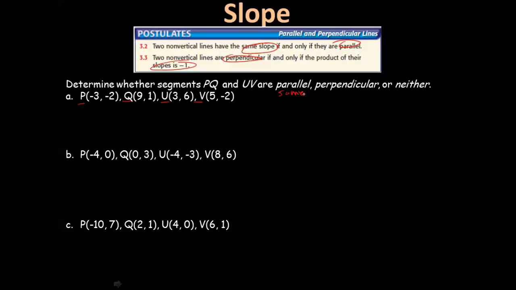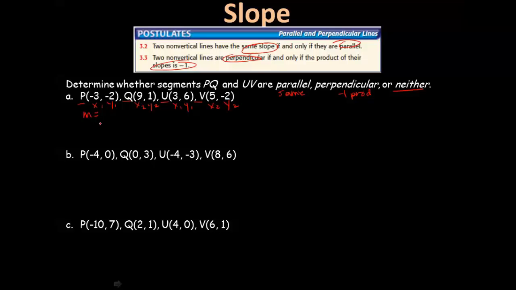So these are same. Perpendicular is going to have the product of -1, and then neither is just neither. So on this first one, remember I always go through and I label. I'm going to go ahead and label these guys too.